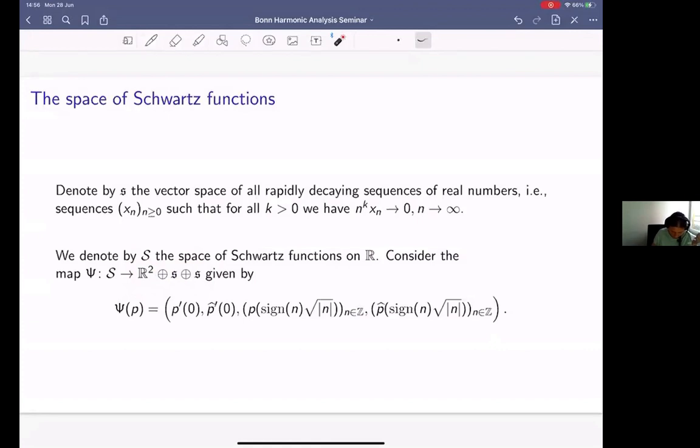So we map our function into the value of its derivative at 0, the value of the derivative of its Fourier transform at 0, and then the values of the function at our set lambda, and the values of its Fourier transform on our set lambda.